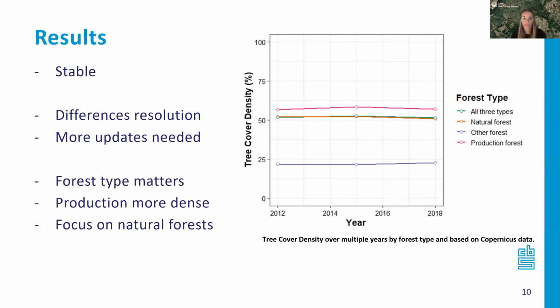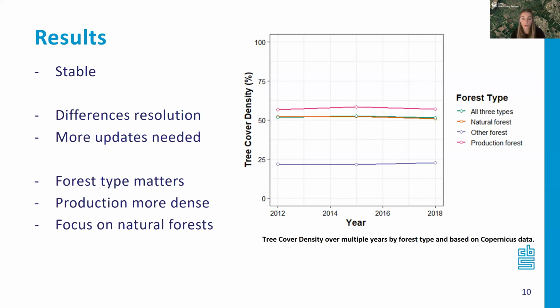But another result that we can identify from this graph is that forest type really matters. So we can see here that the pink line, that is production forest. And they actually have the highest tree cover density, which is quite logical, given the fact that they are planted close to each other to produce a high yield per area. And besides that, production forests are usually planted with high yield species that grow quickly and can produce large volumes of timber or biomass in a shorter time frame.